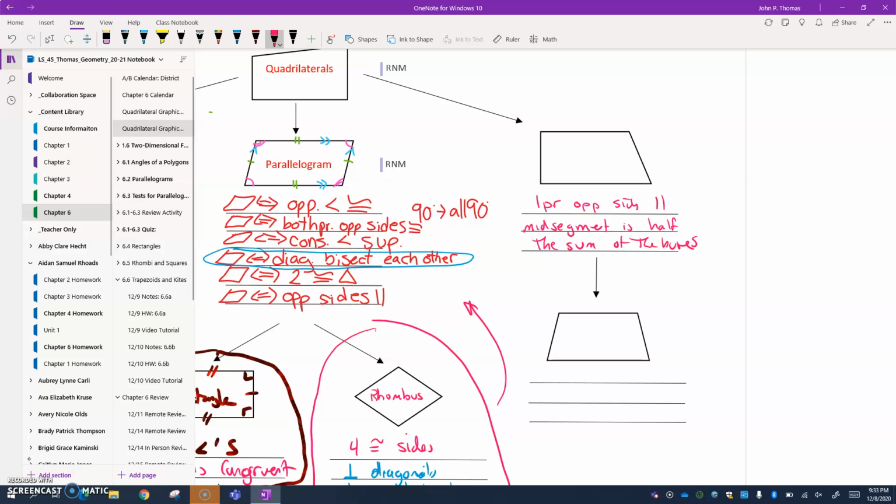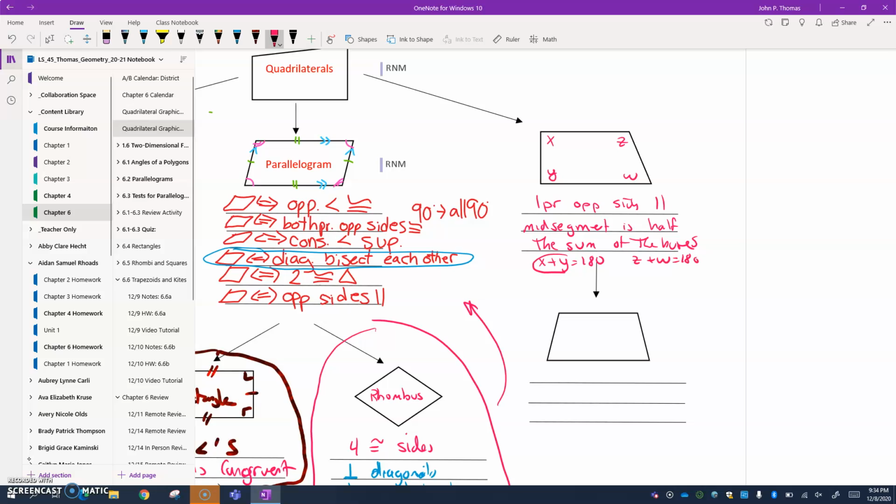All right, and that's really just about it that we get from a trapezoid. I guess the only other one that we could say is that consecutive angles on the inside, like if I had x and y here, between the bases, are supplementary. So in this picture, if I call that x, y and z, w, we could say x plus y equals 180, and z plus w equals 180.